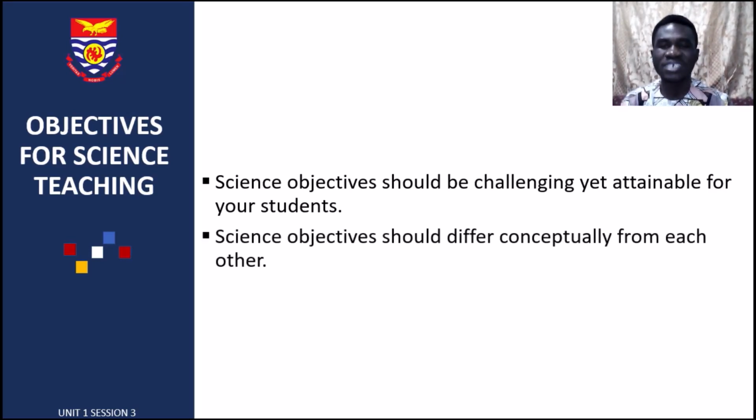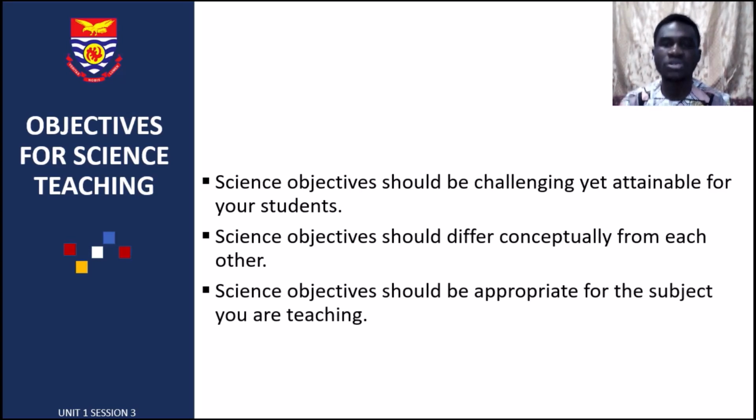And science objectives should differ conceptually from each other. So every objective that will be stated, we must ensure that when it comes to conceptual level, knowledge, understanding, application of knowledge, the various skills, these objectives should be able to identify all these key concepts so that when the learner has gone through this set of instructions, we can be able to identify the various kinds of changes that have occurred in the life of the learner or the behavior of the learner.